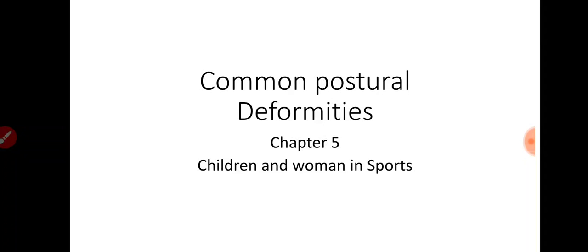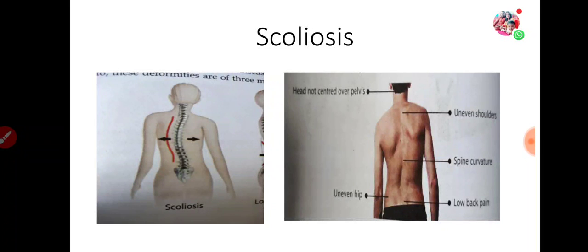Depending on the curve, the spine deforms into three main categories of deformities. That is scoliosis, lordosis, and kyphosis.